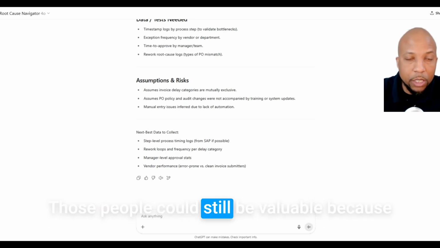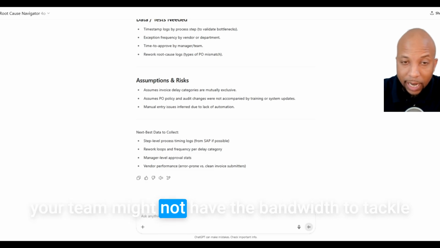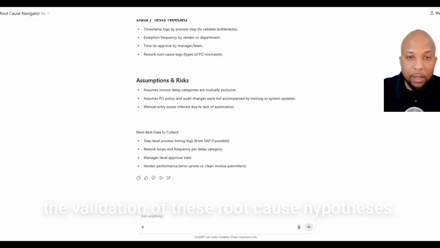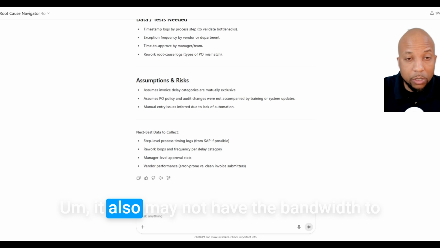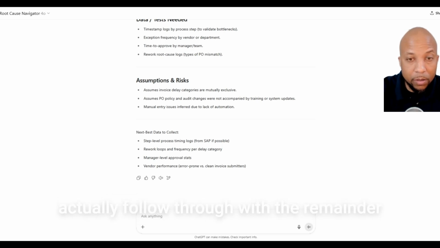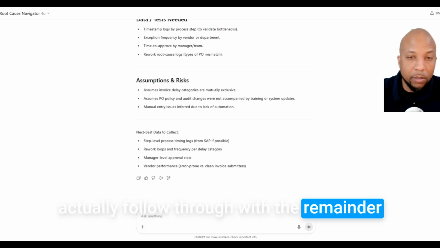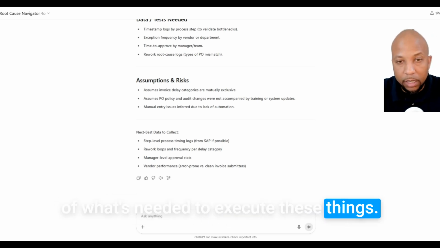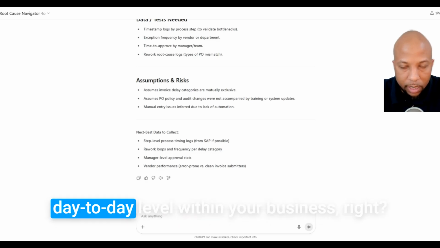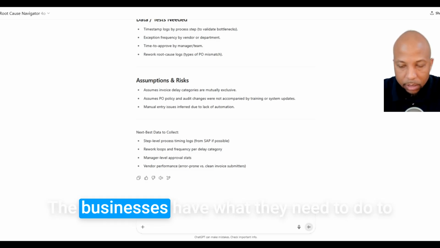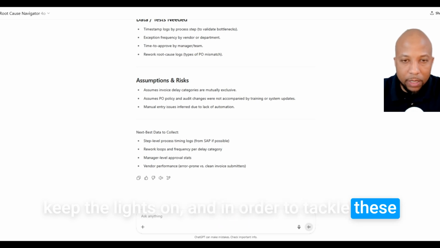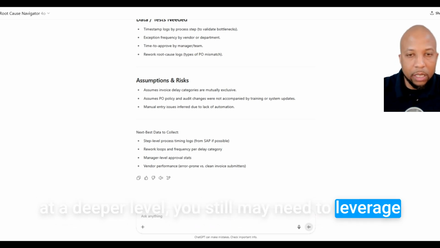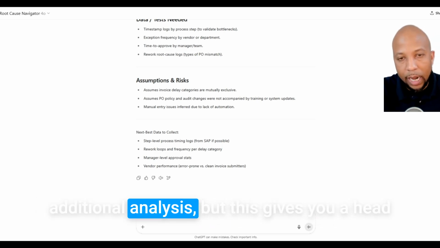Those people could still be valuable because your team might not have the bandwidth to tackle the validation of these root cause hypotheses. It also may not have the bandwidth to follow through with the remainder of what's needed to execute these things. You've got your own things to do on a day-to-day level within your business, right? The businesses have what they need to do to keep the lights on. And in order to tackle these at a deeper level, you still may need to leverage additional analysis.